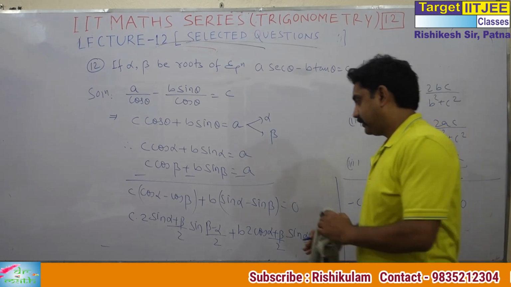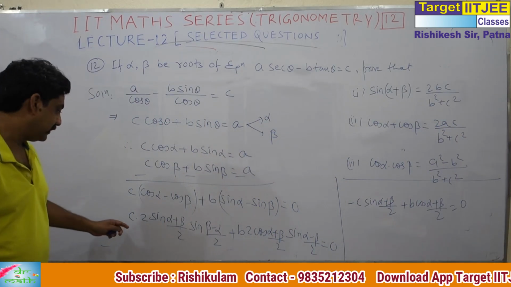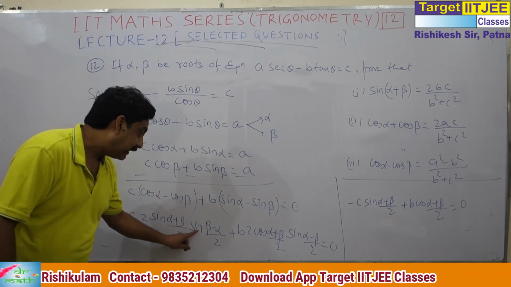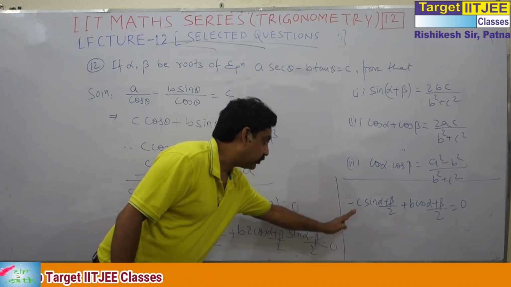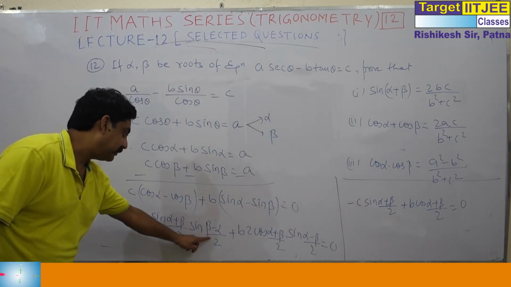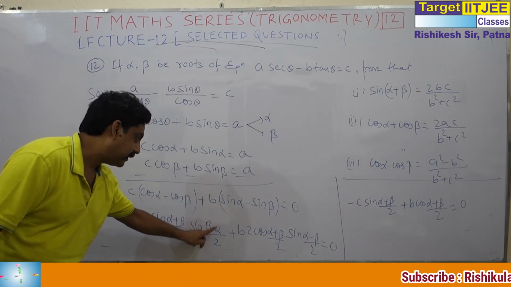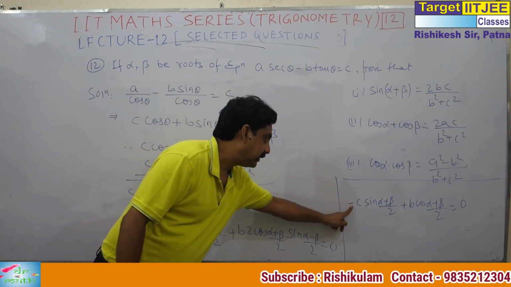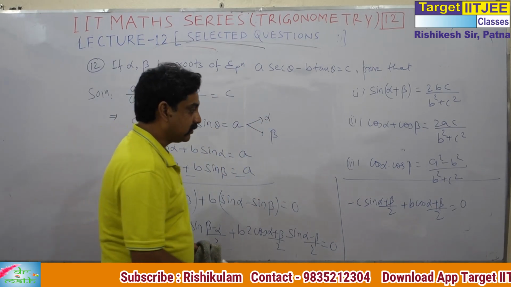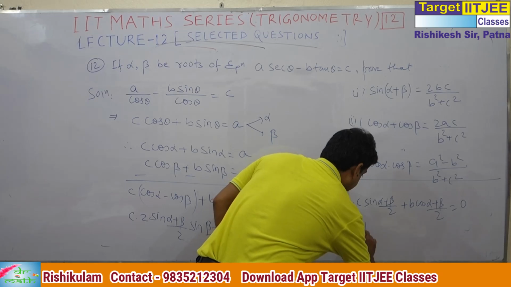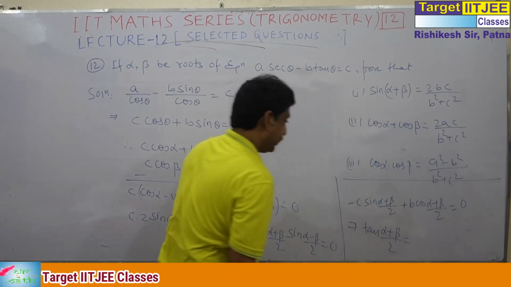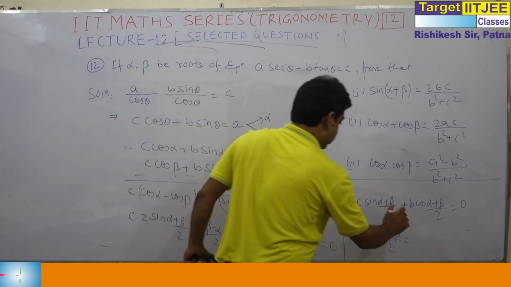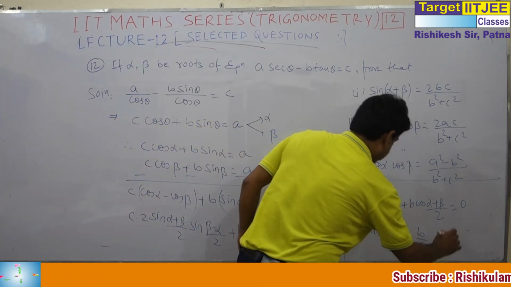I have taken 2 sin alpha minus beta by 2 common and divided by it. This is beta minus alpha by 2, so a minus sign occurs here. From this we get tan alpha plus beta by 2 is equal to b by c.